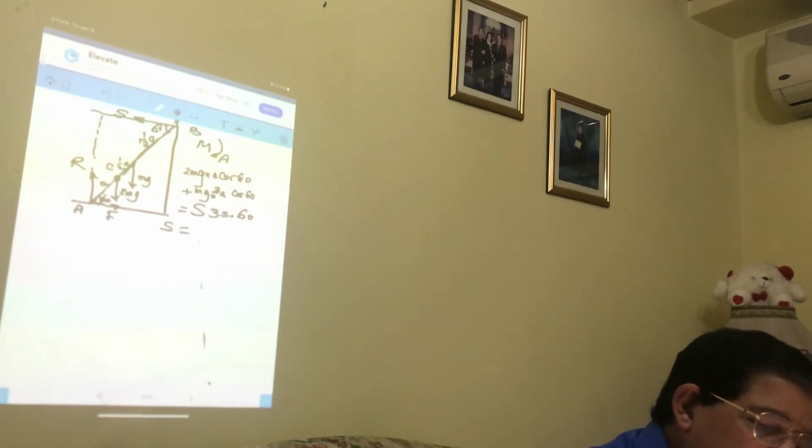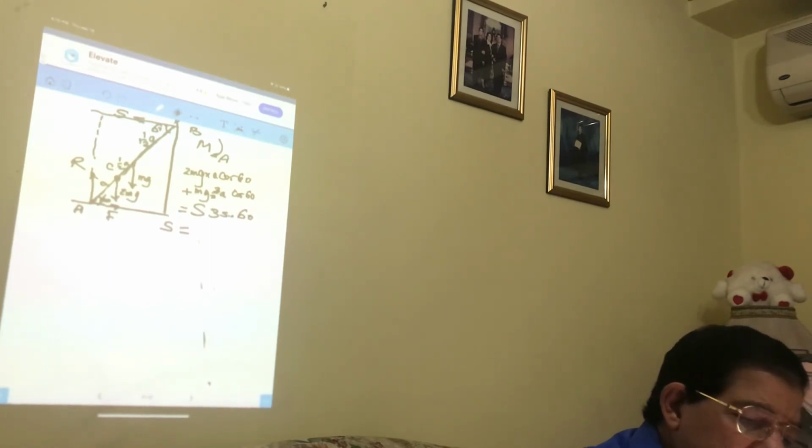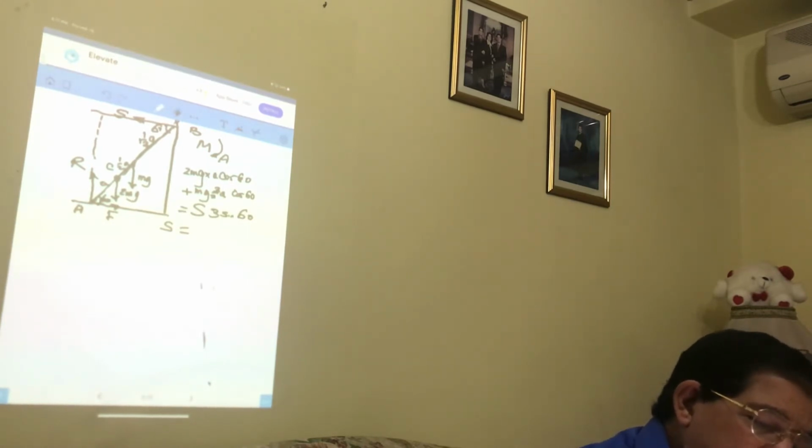Therefore, the 2 cancels, giving mga times half, and the other term is 3/2 times half, which is 3/4 mga. So 3/4 mga plus 1 mga equals 7/4 mga.